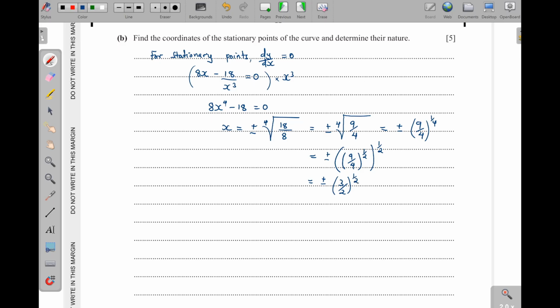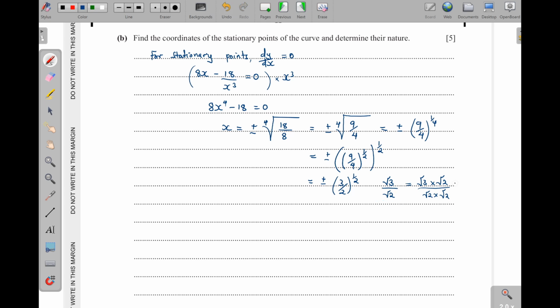So for this case, we can have root 3 over root 2, which is the same as saying root 3 times root 2, over root 2 times root 2, such that it's like I've done nothing, but we are removing the surd in the denominator.